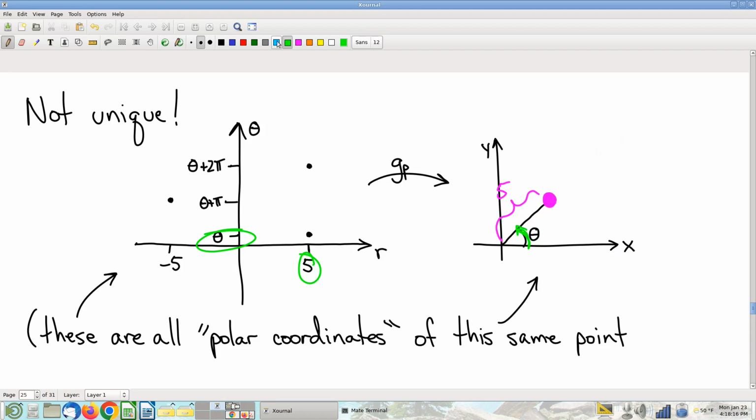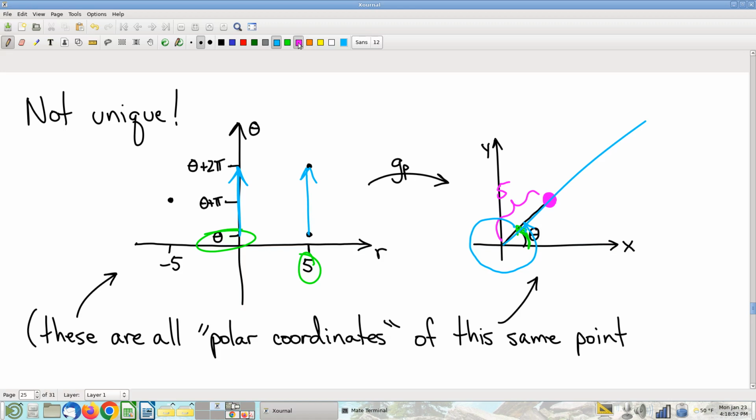Well, here's the thing. What if you were to add 2 pi to the angle? Add 2 pi to theta, which of course just takes you a full turn around. And notice that means you're going in the same direction. So whatever that theta is, theta plus 2 pi, as far as the xy plane is concerned, puts you in exactly the same direction.